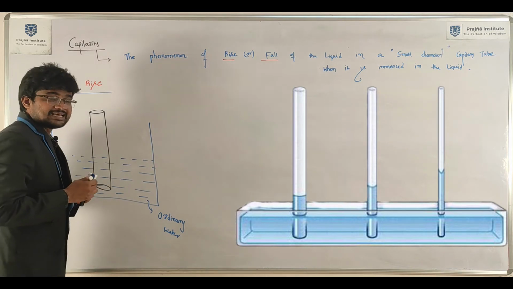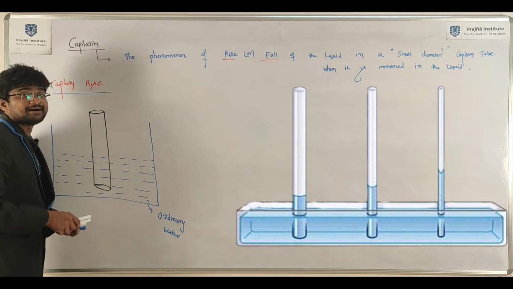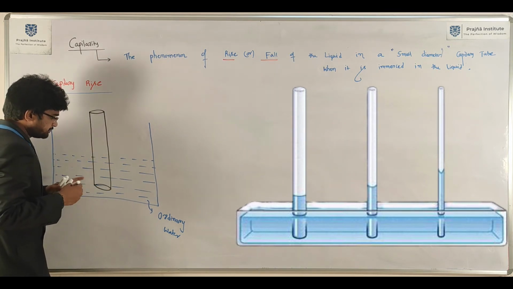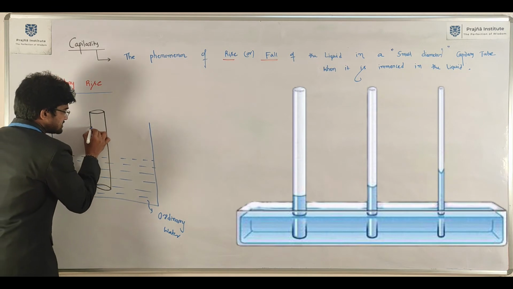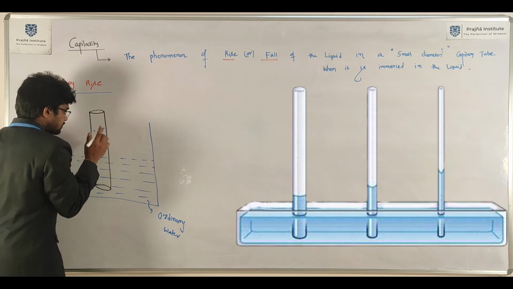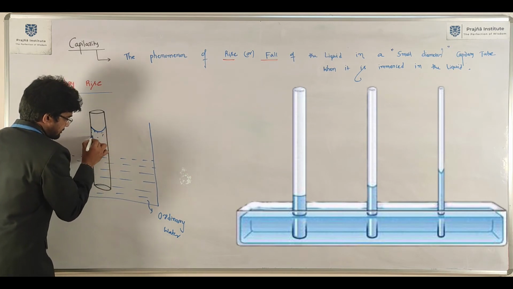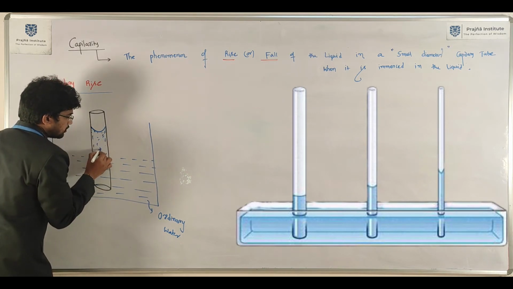then you will see the rise of the liquid column in the glass tube. Of course, you will observe it. Some rise you will see, the rise of the liquid column.